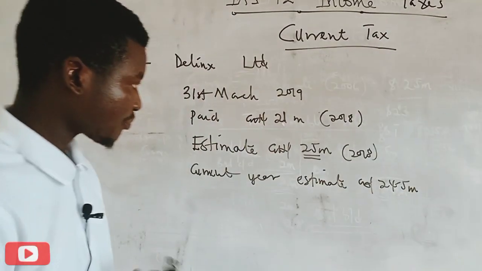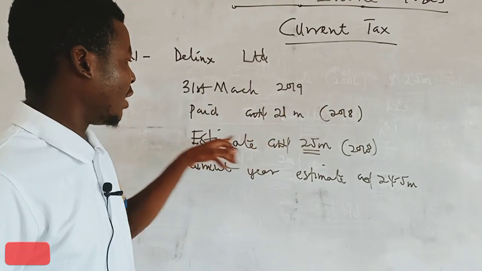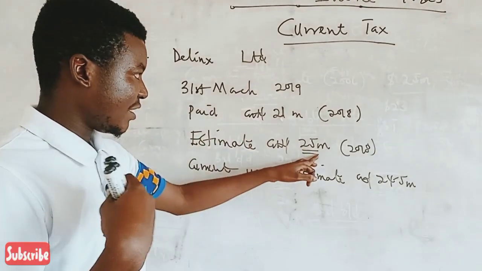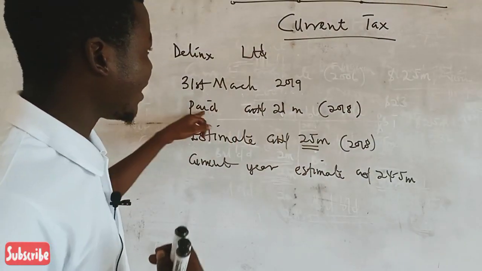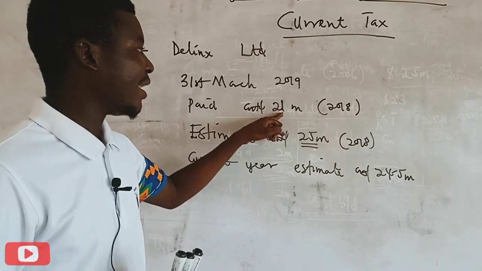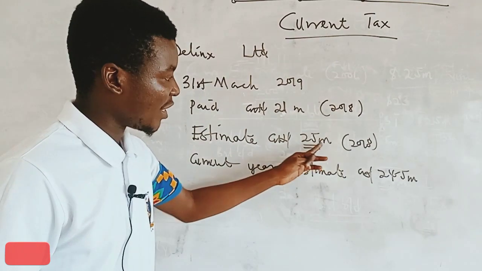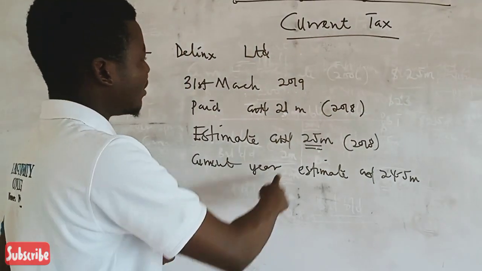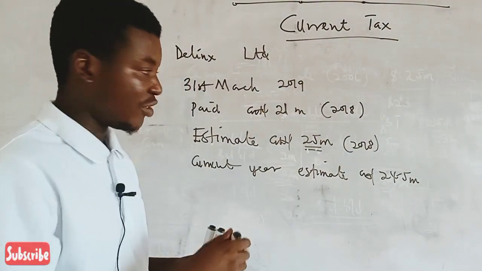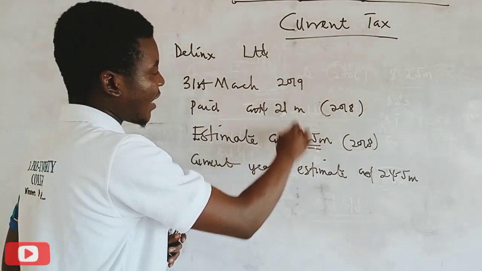So basically, we estimated 25 million in 2018, but in 2019 we paid 21 million in respect of this estimate. What is happening? We paid lesser than what we estimated. So this is an over provision, because the estimate is higher than the actual.